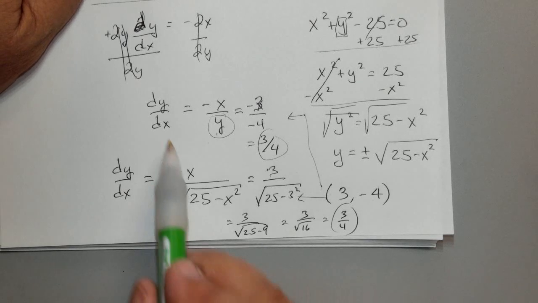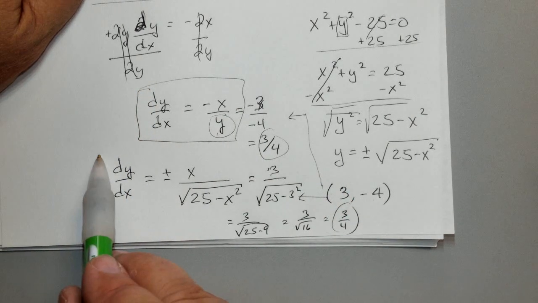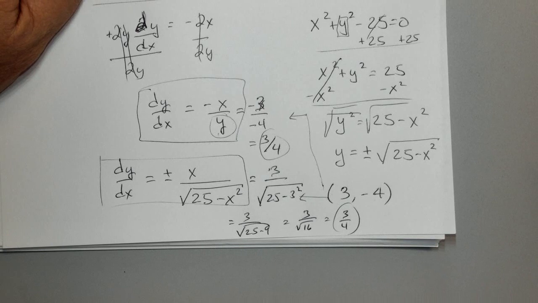So if you're given a point, you can use this equation. If you're not given a point, then you have to put it all in place of x, because that's where it's differentiating from.